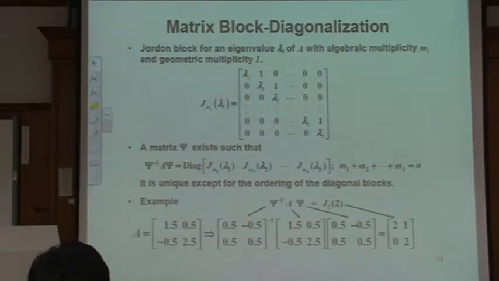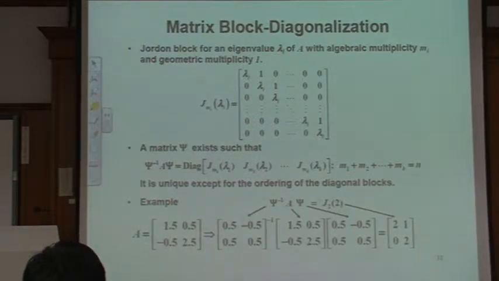If you have a defective matrix, here we introduce a Jordan block form, like this following matrix. If the eigenvalue of A is lambda i, with algebraic multiplicity mi and geometric multiplicity 1, we can find a Jordan block corresponding to each eigenvalue.